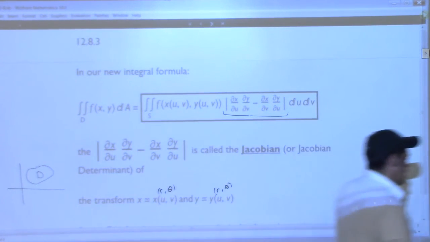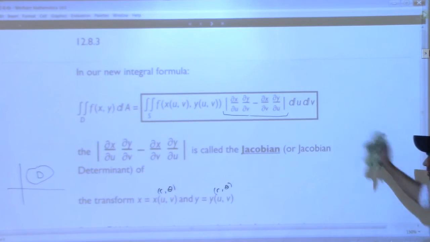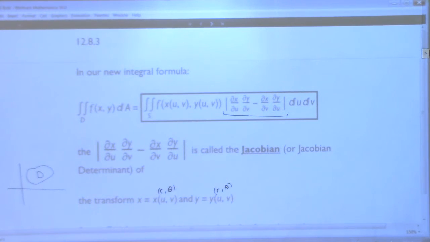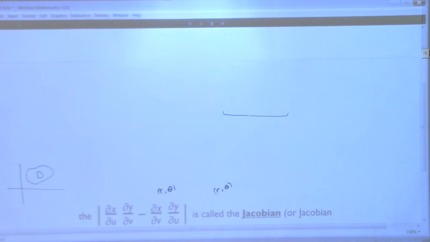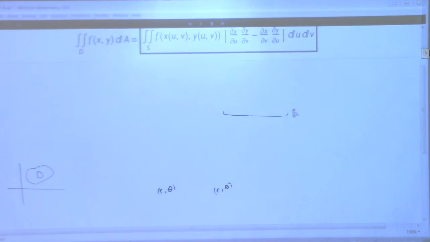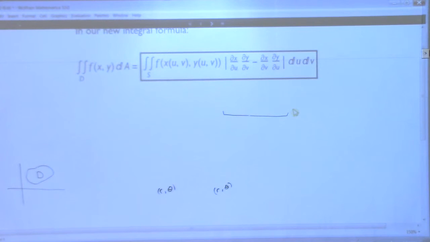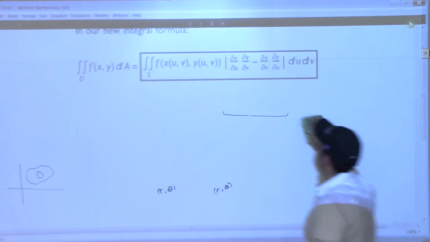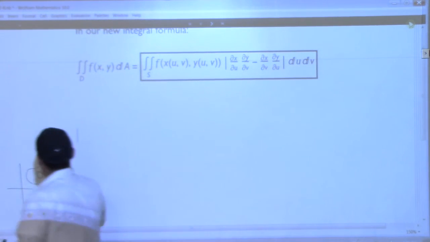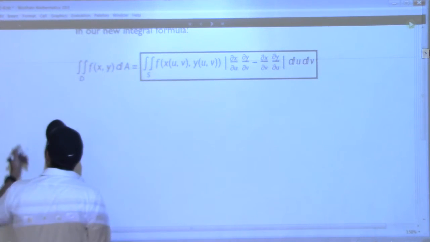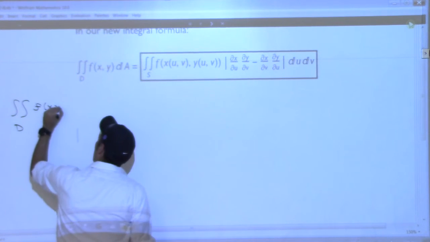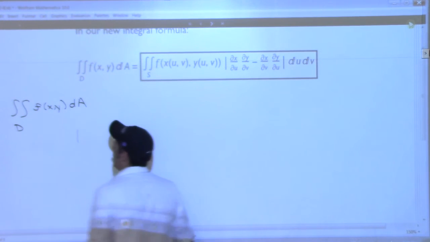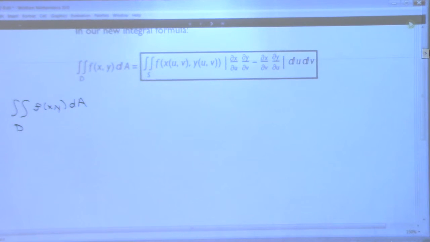So let's see how this formula works. I'm gonna leave this right up there. And I'd like for you to consider the following. I'm trying to do a double integral over D, f of x, y, dA. And I'd like to make a change of variables.